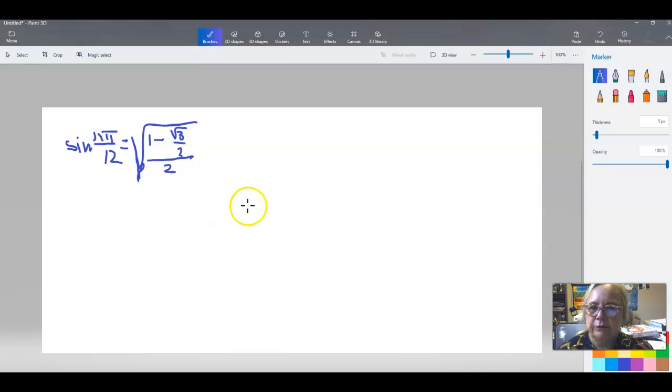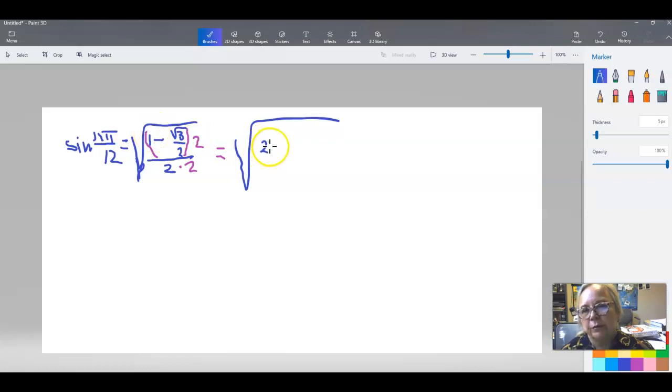Okay, so now we need to simplify. The way we simplify a complex fraction, which is what we're dealing with here, is to multiply numerator and denominator by the denominator, or LCD. That's a part of college algebra. You can also do it by bringing everything to the same denominator. So if I distribute this purple 2, that will be 2 minus root of 3, because my goal is to cancel this 2.